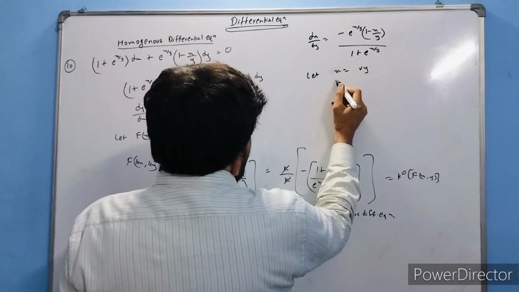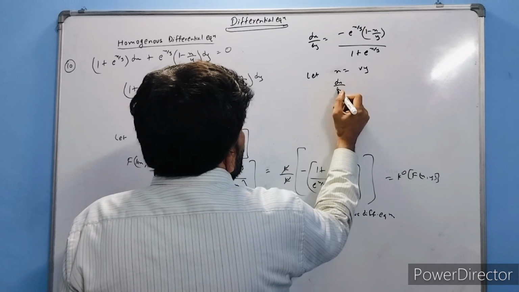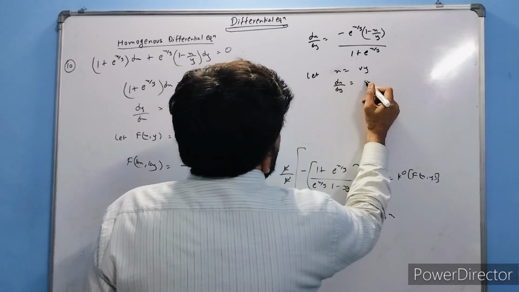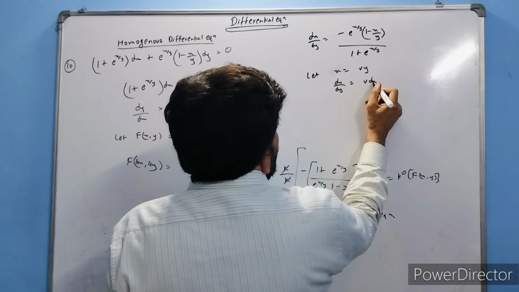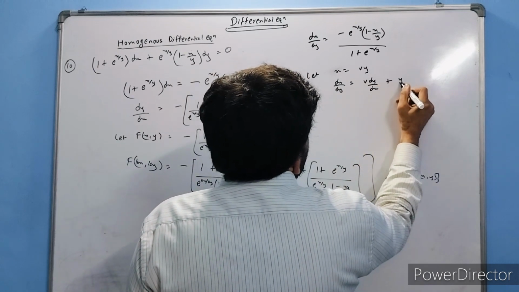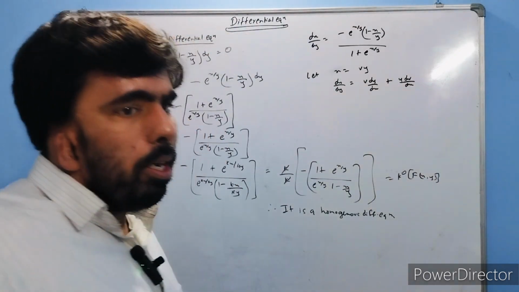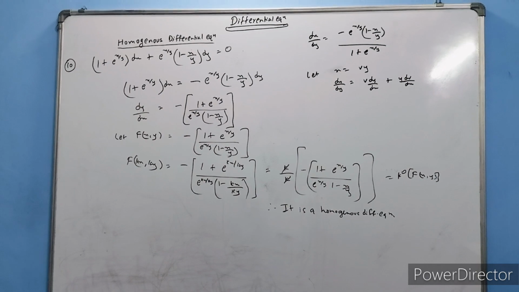Now we'll differentiate: dx upon dy is equal to v plus y dv upon dy. Let us see how we can solve this.